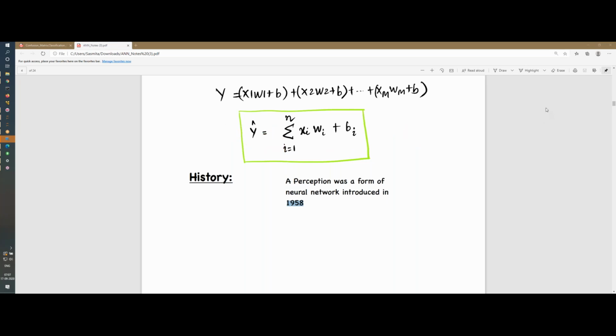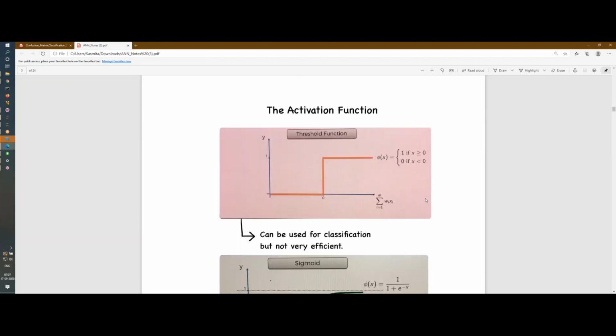If you see, there are different kinds of activation functions. We will discuss some of them. The first kind of activation function is the threshold function. It's a very simple function. If phi of x, the activation function, is 1 when x is greater than 0, that means y hat is positive. Y hat means W1 x1 plus W2 x2, and so on.